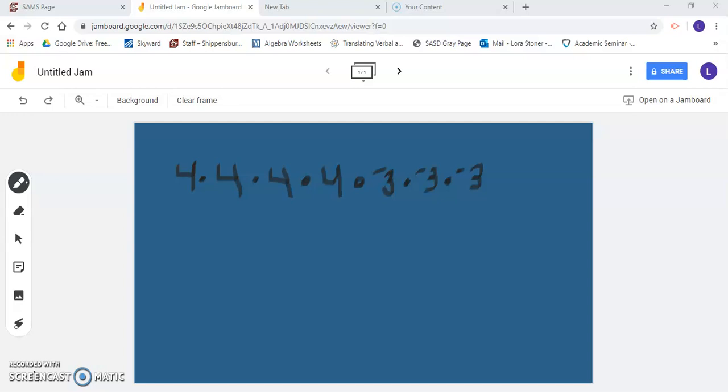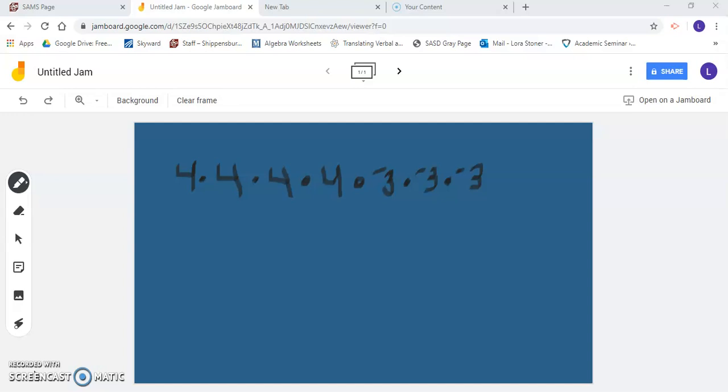And then I went to the next slide, and it's asking you to do a couple problems. I think it's slide 4. On slide 4, you have problems like the one on my screen right now. What you're going to do is ask yourself, what is the base? My base in the problem I have here is 4 and -3.